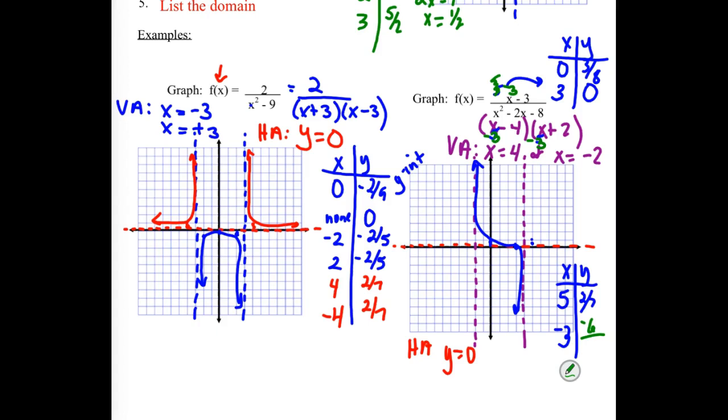Negative 3 plus 2 would be negative 1. Negative 7 times negative 1 is positive 7. So at negative 3, I'm just almost to negative 1. Okay? So I can expect that there is a branch down here and one up here.